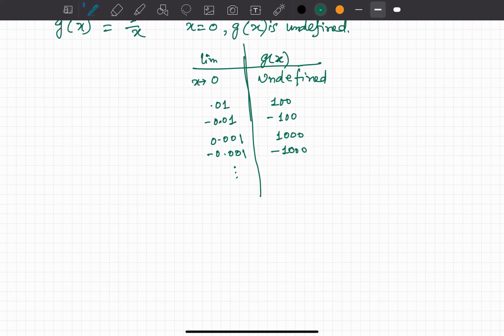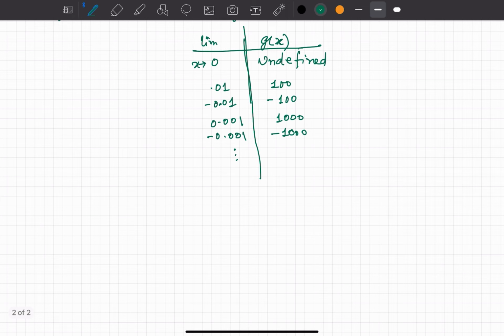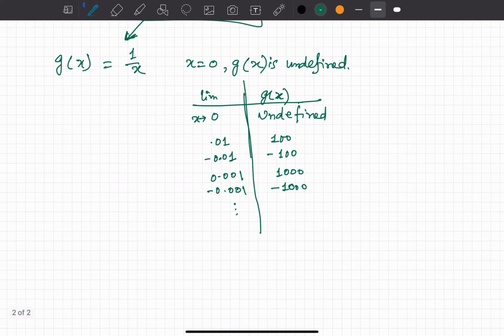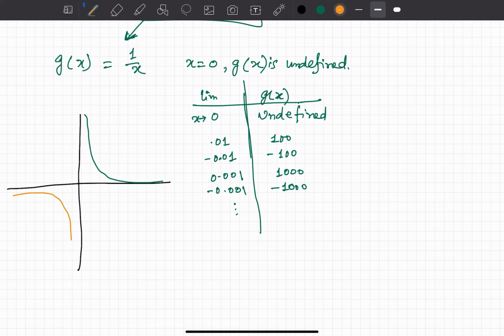We can see that for the positive side limit, that is when x is approaching 0 from the positive side, we can show it here. The graph will be like this.